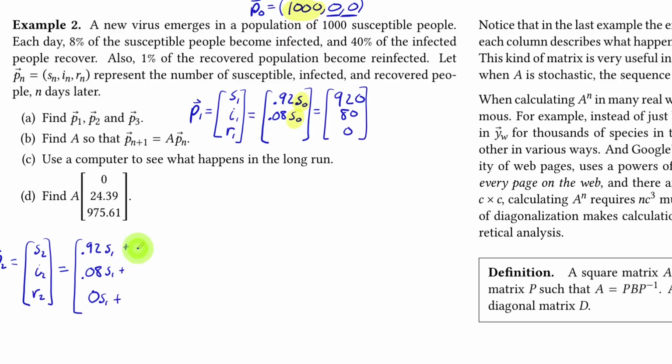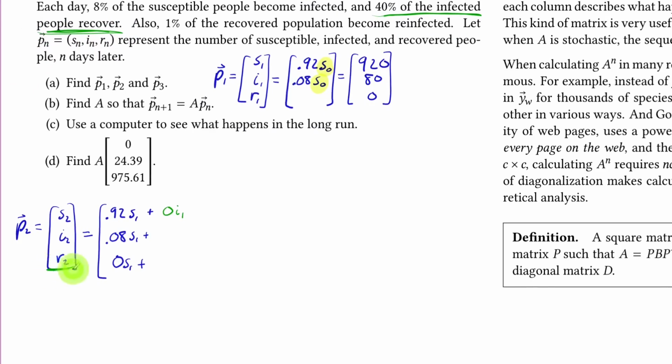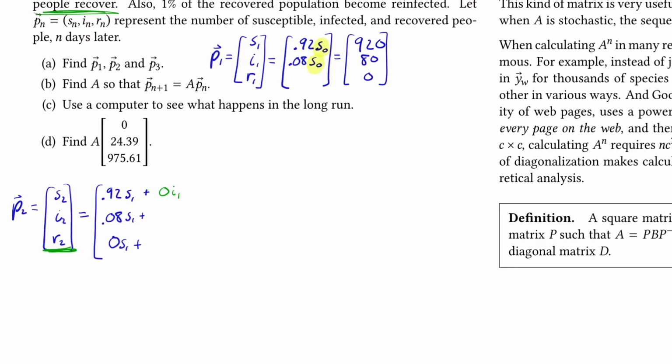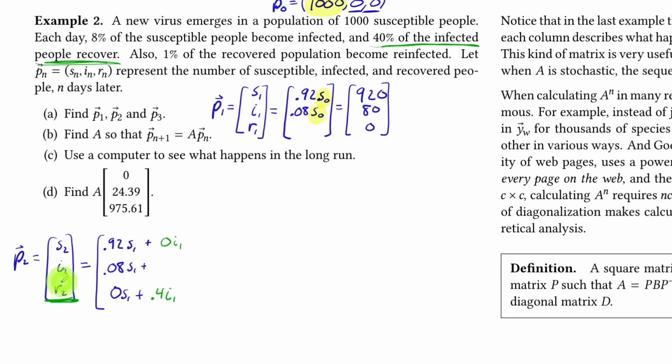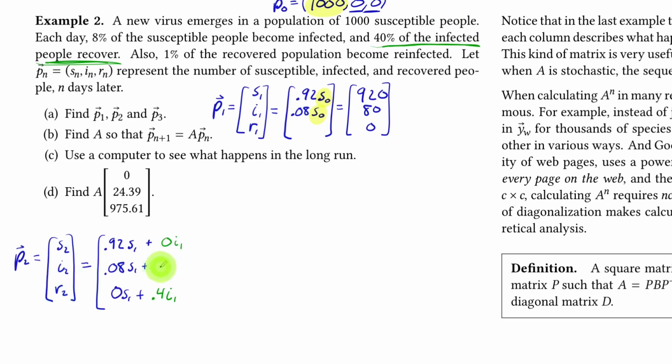Well, nobody can go straight from being infected to susceptible, so I could maybe write a 0 I1 here. We do know that 40% of the infected people recover. So the number of recovered people the next day is going to include this 40% of the infected people. And what about the other 60%? They're still infected on day 2.